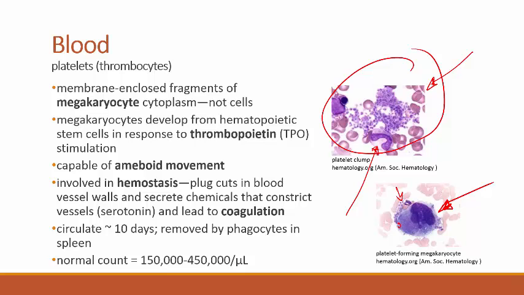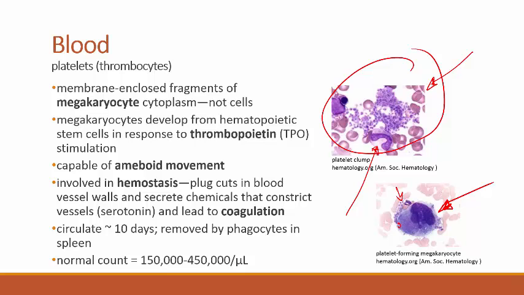Their cell membranes will adhere to protein fibers. They will adhere to each other. They'll adhere to the wall of the blood vessel right there at the cut site, and so they will plug up, as they adhere to the cut, and then the platelets adhere to other platelets.